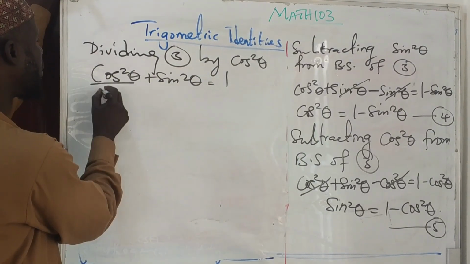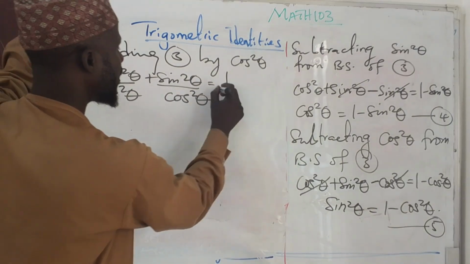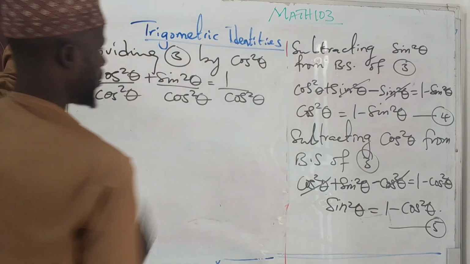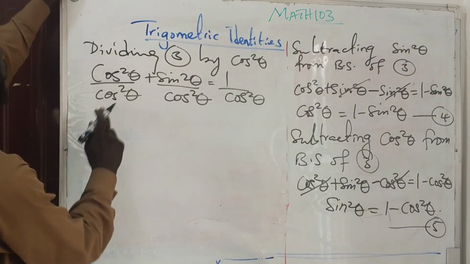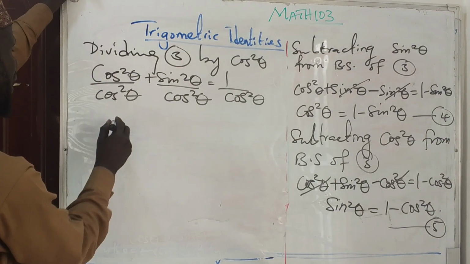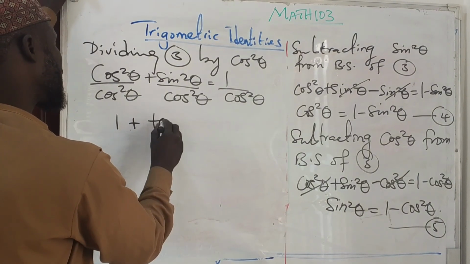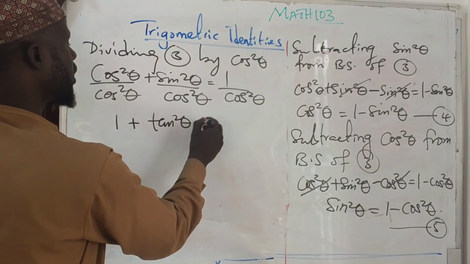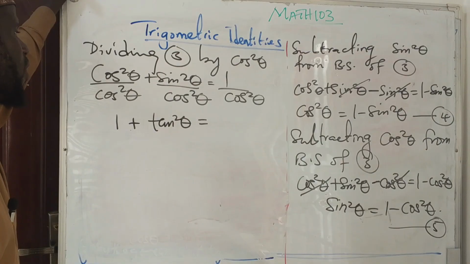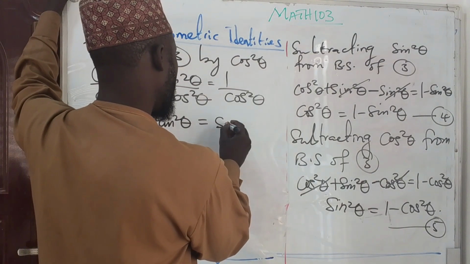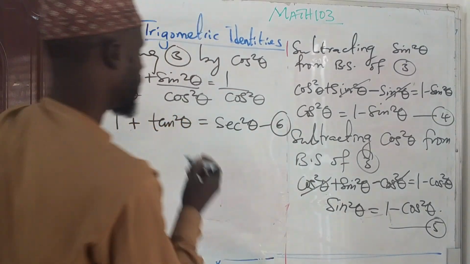Dividing everything by cos squared theta, cos squared theta over cos squared theta is 1, plus sine squared theta over cos squared theta, which is tan squared theta, equals 1 over cos squared theta. And what is 1 over cos? 1 over cos is sec, so this is sec squared theta. Call it equation number 6.